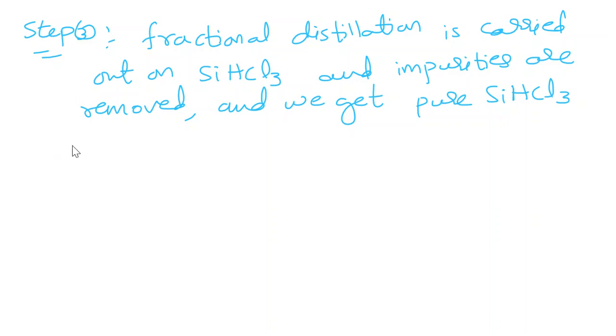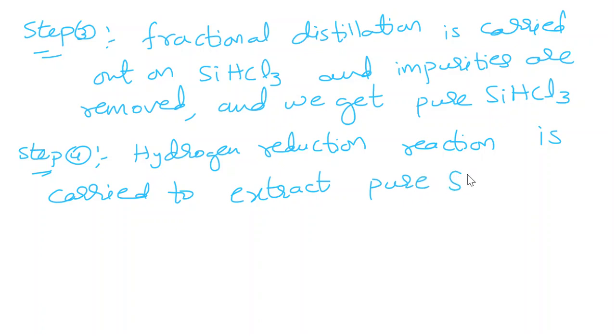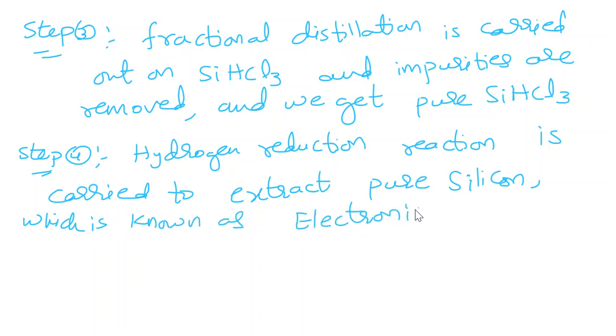Once we get the pure SiHCl3, in step 4 a hydrogen reduction reaction is carried out to extract pure silicon, which is known as electronic grade silicon.